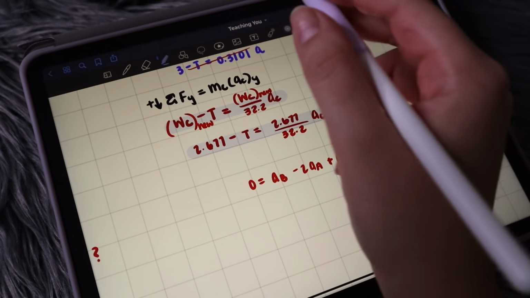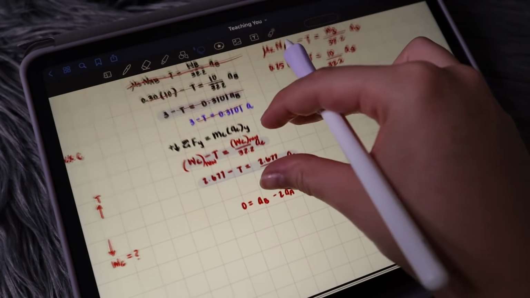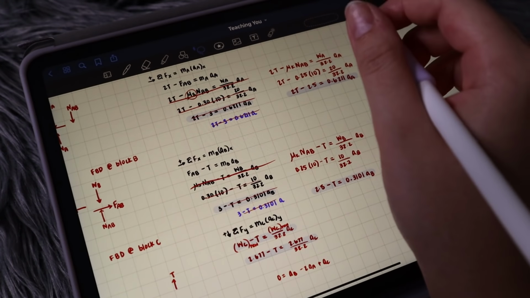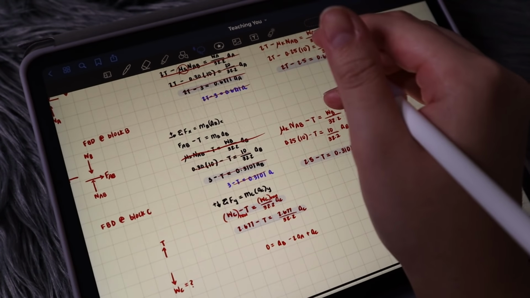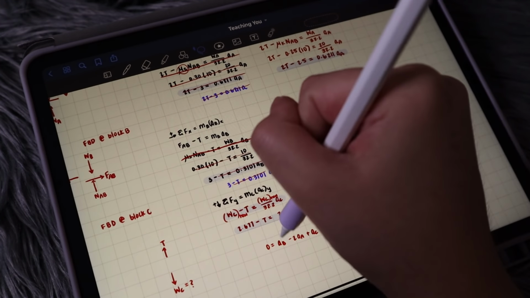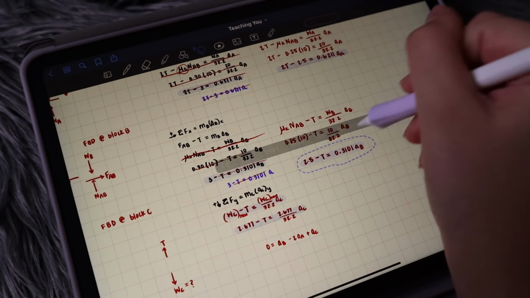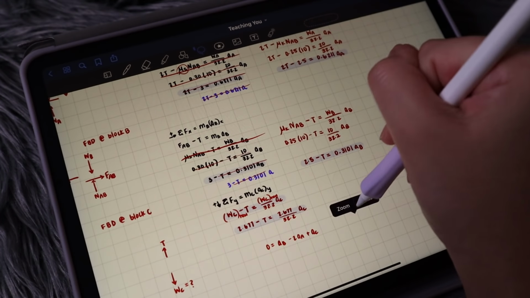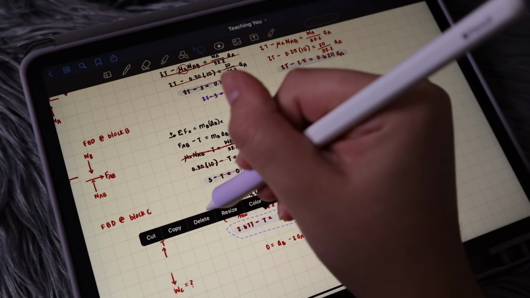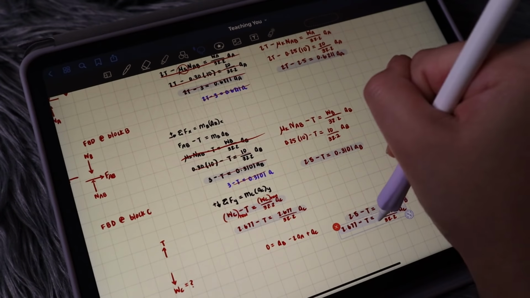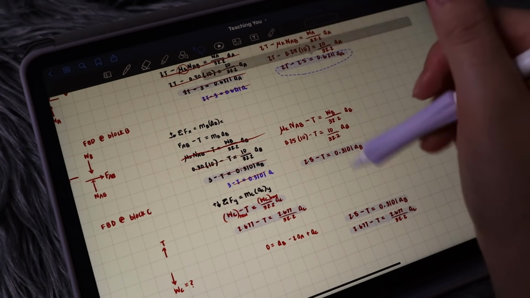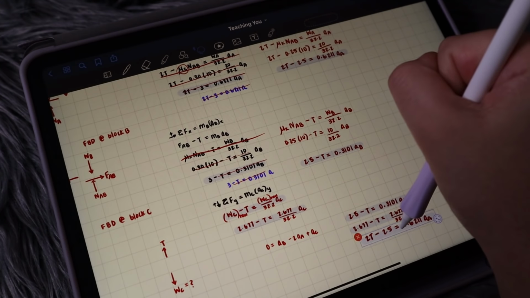So if we gather all of our equations up, let's see what we could do. Let's just gather them up, and maybe that will help us see things more clearly. So we're going to copy all of these. That way we can see how many equations we have and how many unknowns we have.